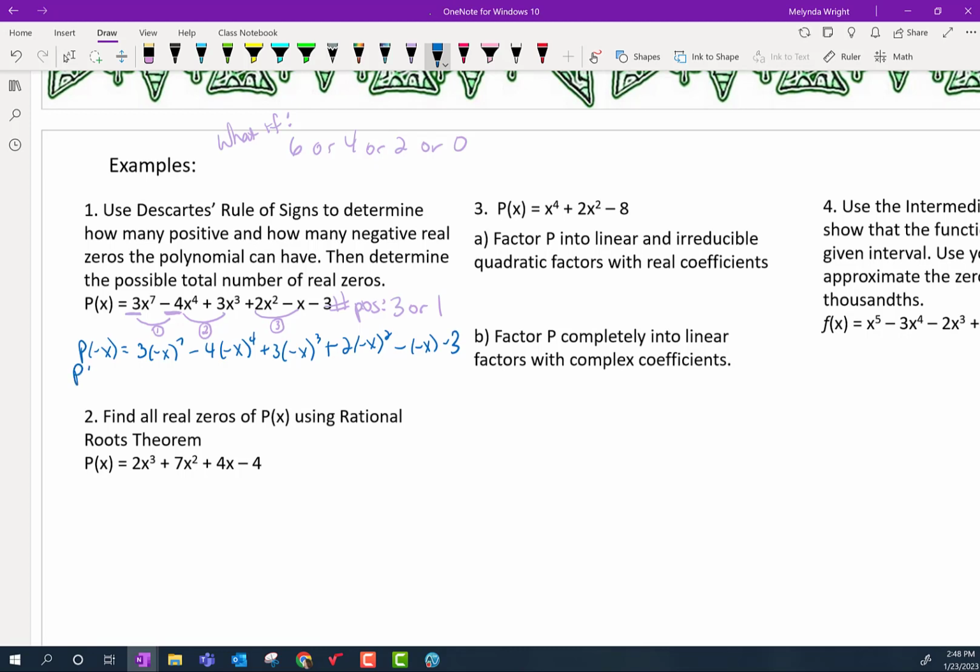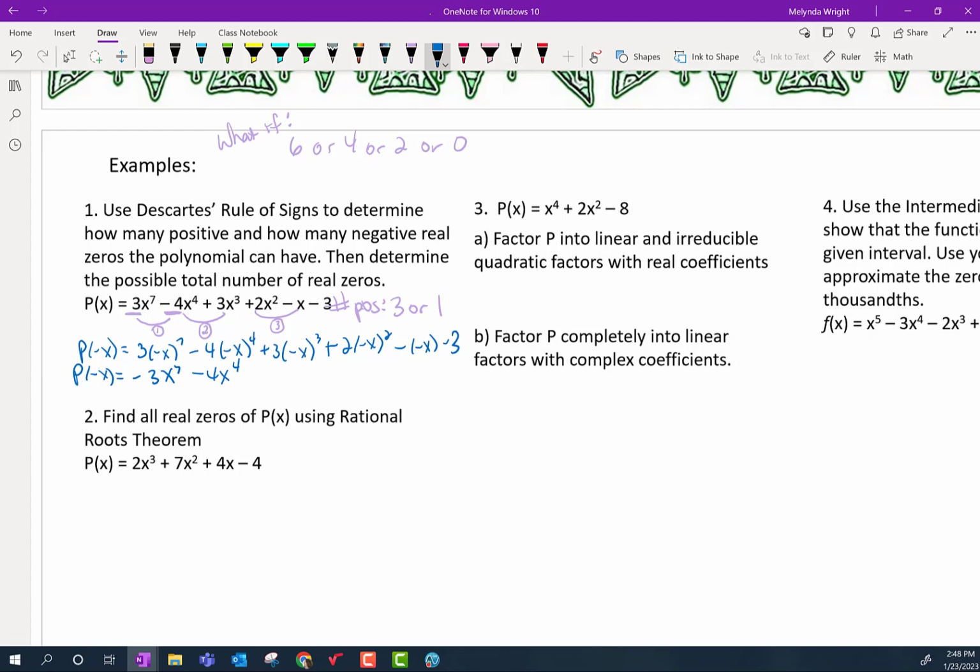Now I need to clean it up. Got to clean it up or we won't make any sense. If I raise a negative x to an odd power, I get a negative number, right? That's the way that works. So this is going to give me negative 3x to the 7th. I raise a negative x to 4, which is an even number, that would be positive, so this would stay negative 4x to the 4th.